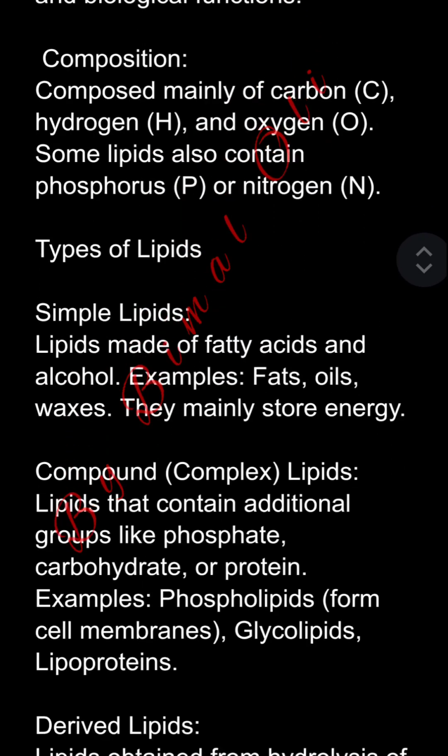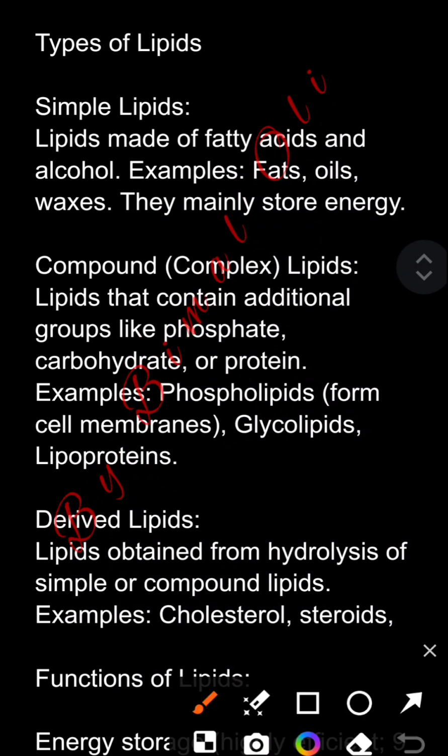Now types of lipids. Lipids are made up of fatty acids. The first one is simple lipids, another is compound or complex lipids, and the last one is derived lipids. Simple lipids are made up of fatty acid and alcohol. Example: fats, oils, waxes.